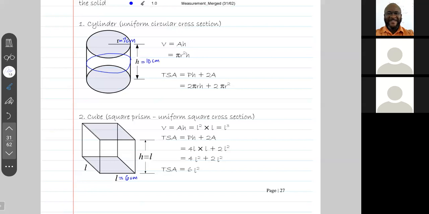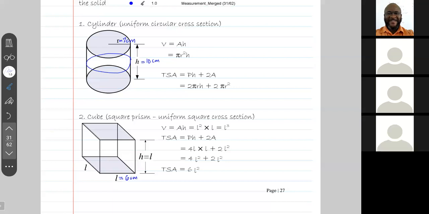If you have a circle at the top, a circle at the bottom, this shape is consistent. So what will be the shape that is exposed if I cut this solid in the middle? A circle. Somebody said a cone. No, it wouldn't be a cone. The shape that would be exposed is a circle.